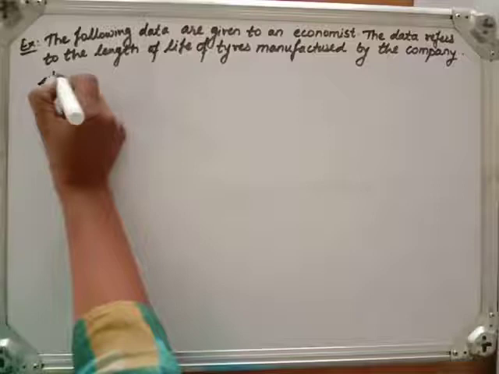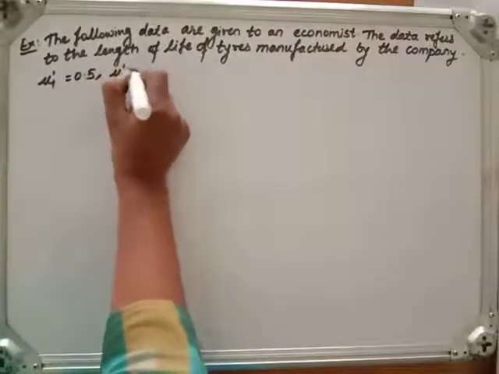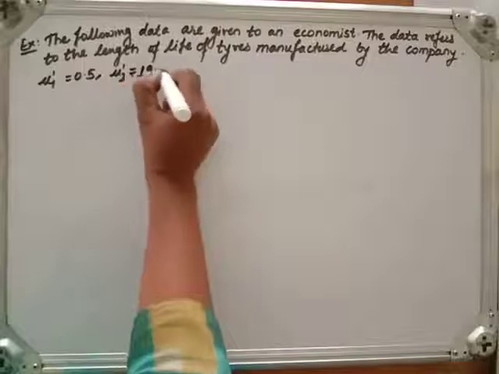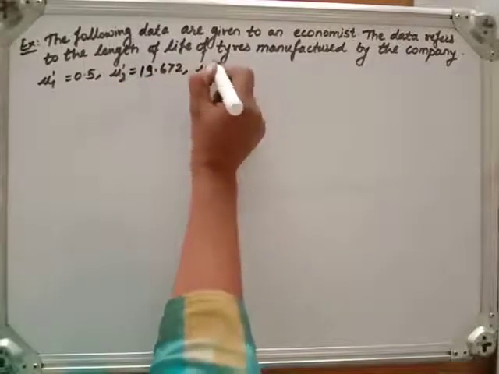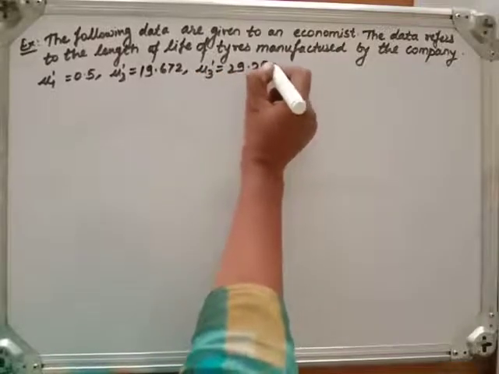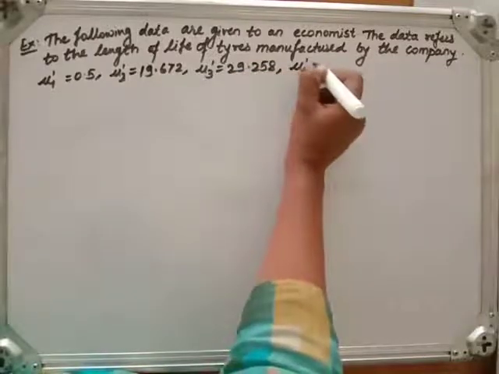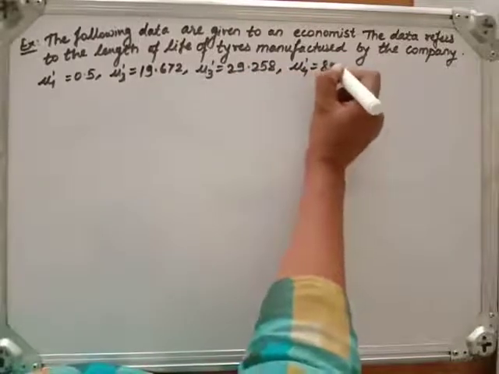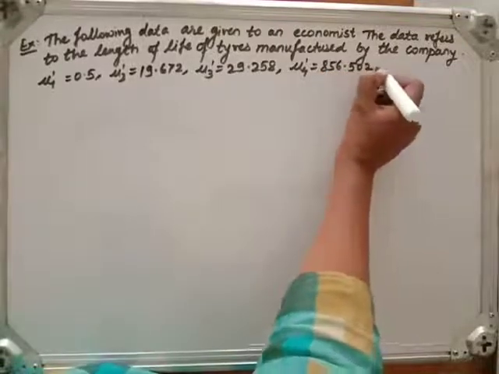mu1 dash is 0.5, mu2 dash is 19.672, mu3 dash is 29.258, mu4 dash is 856.502.